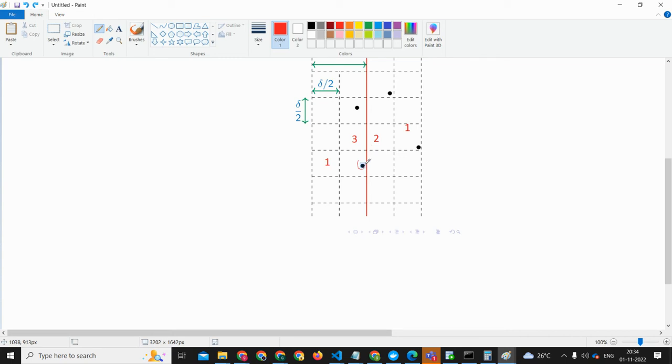Okay, let's say that this is the point. You exclude the square, and then look for all the squares above, which are forming a 4 by 4 square.